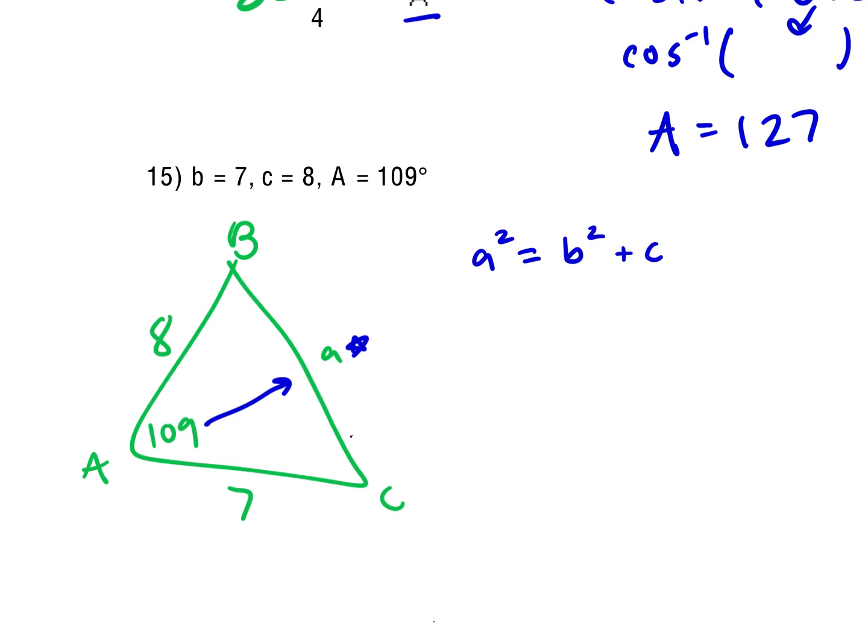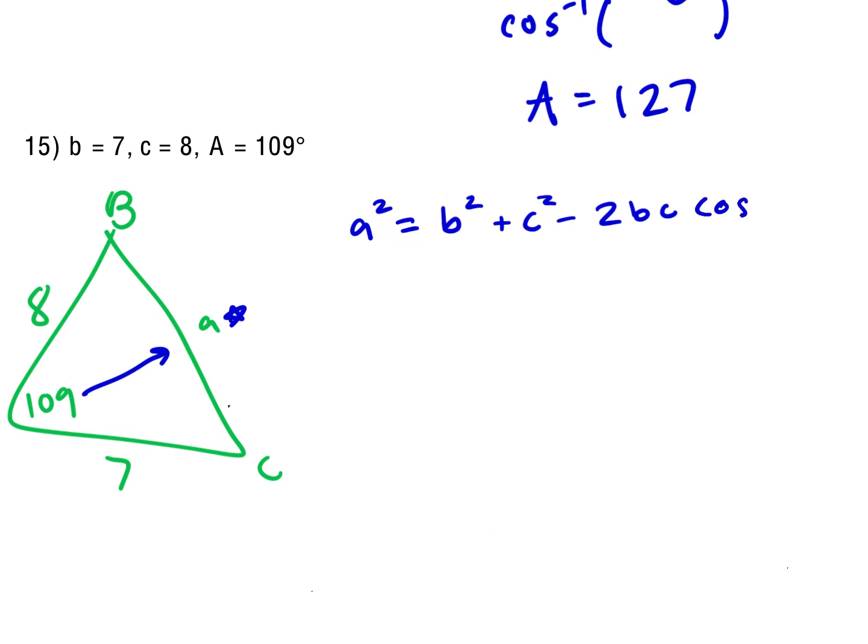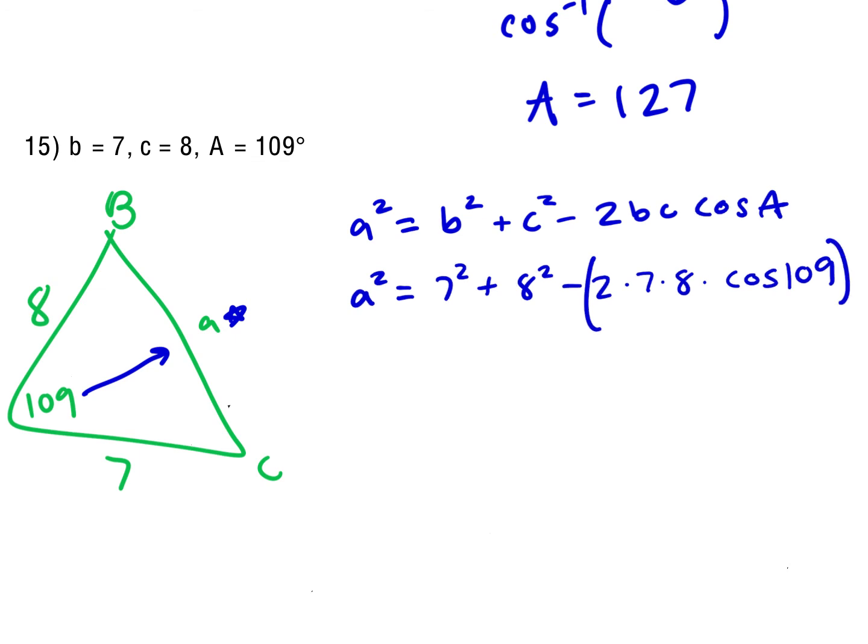B squared plus C squared minus 2BC times cosine of A. So A squared is equal to 7 squared plus 8 squared minus 2 times 7 times 8 times cosine of 109. Put this into our calculator. Be careful in putting it into the calculator. If you do it all in one step, I would definitely make sure you put parentheses around these.